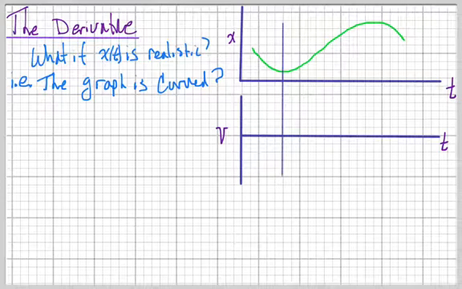The first one I've drawn in here for you is when our velocity is equal to 0. This is a turnaround point. This is where we stop walking back towards the origin and we start walking away from the origin. There's another one over here. This is another 0 point. This is where we're walking away from the origin and we turn around and walk back towards it.